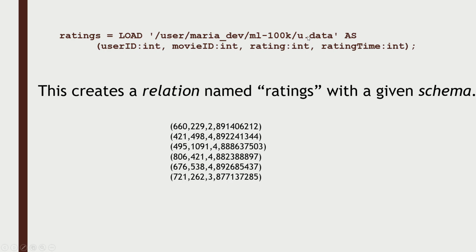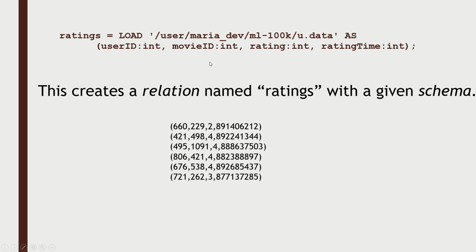So it's going to load in each line of u.data and split it up into 4 different fields delimited by tabs. And it's going to name the first field userID, and cast it to an integer. And then it's going to call the second column movieID, and that's also an integer. And it's going to call the third column rating, also an integer. And finally, the rating timestamp, which is also an integer.